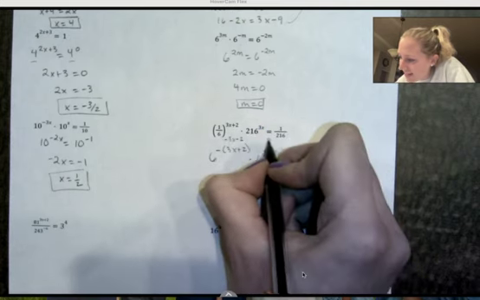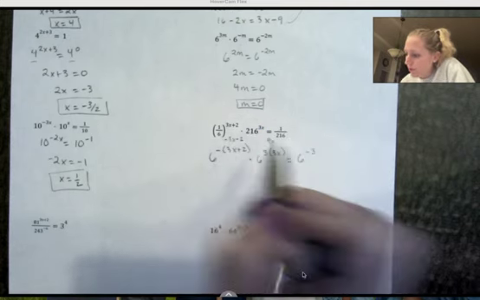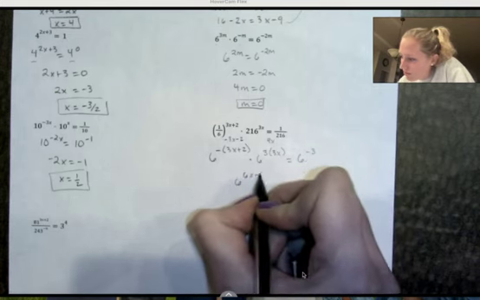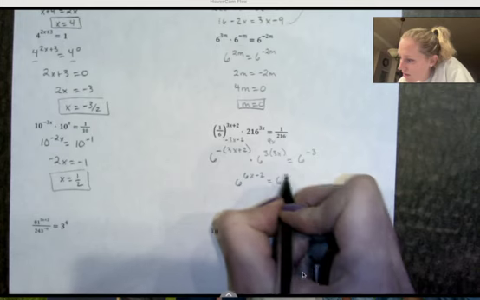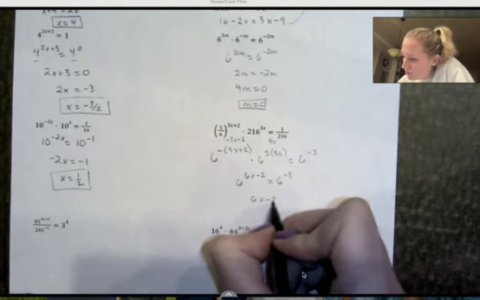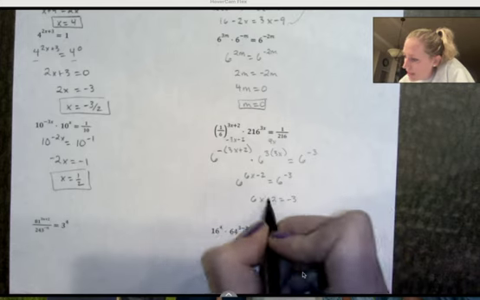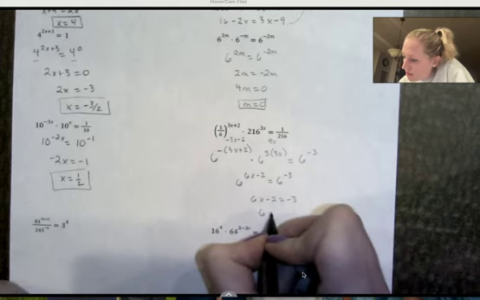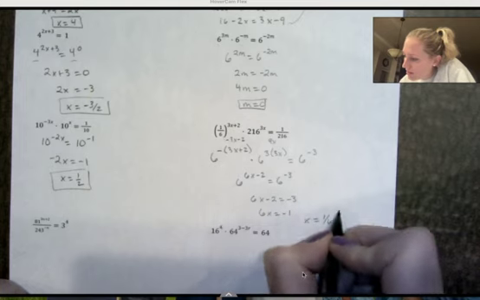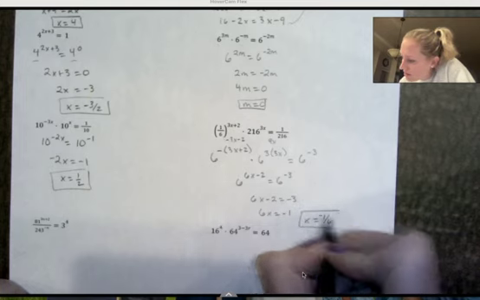This one is 9x. So if I combine those, I get 6 to the 6x minus 2. Right? So then I can set those equals. 6x minus 2 equals negative 3. Add 2. So x is equal to negative 1/6.